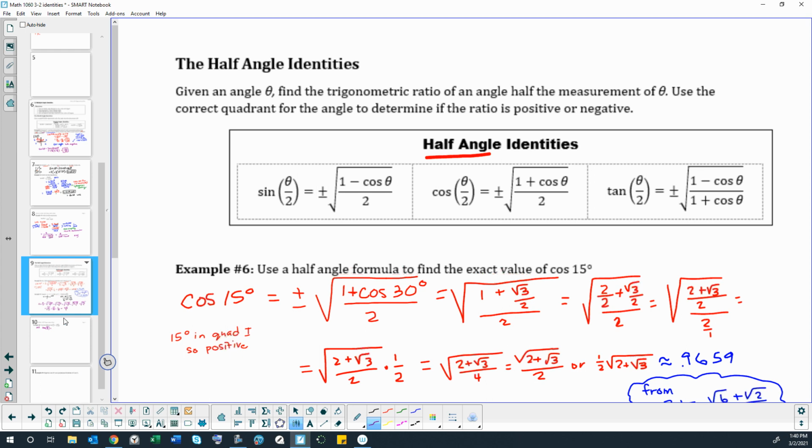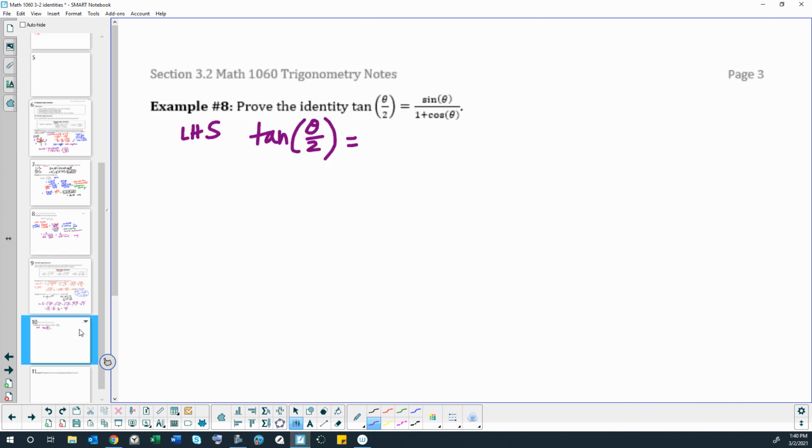So the square root of 1 minus cosine theta over 1 plus cosine theta. That is just our half-angle identity.